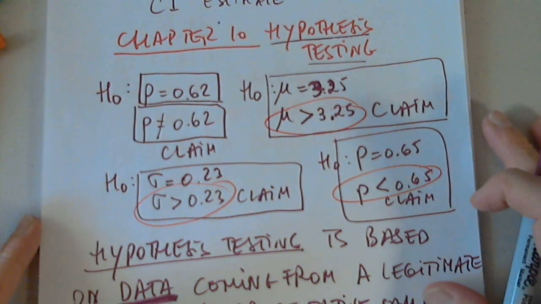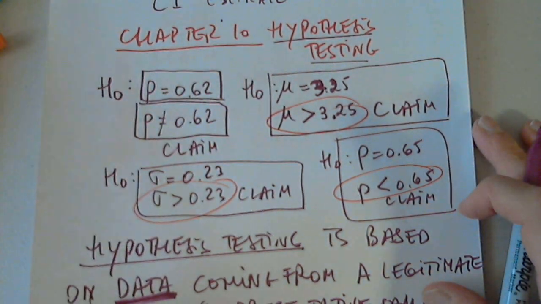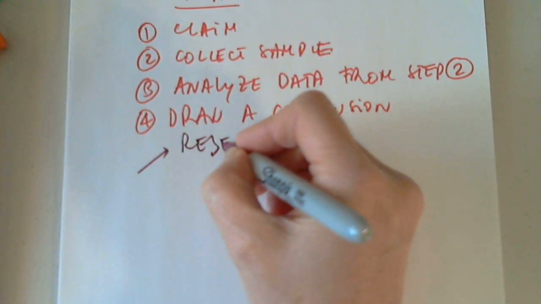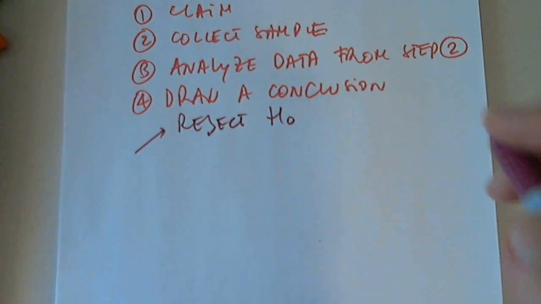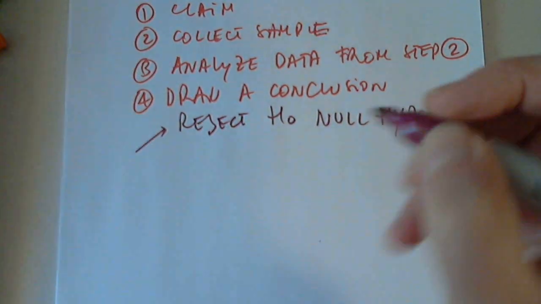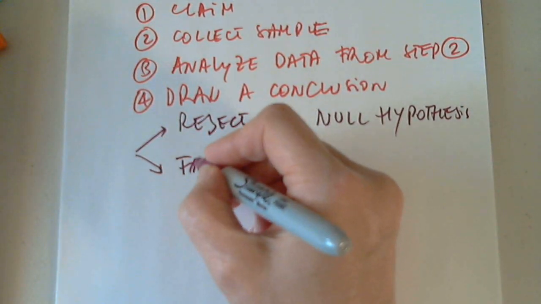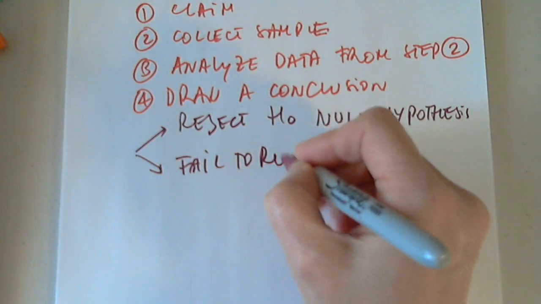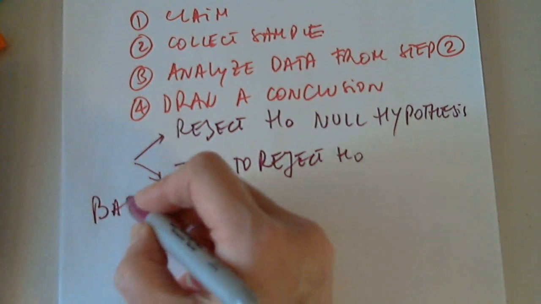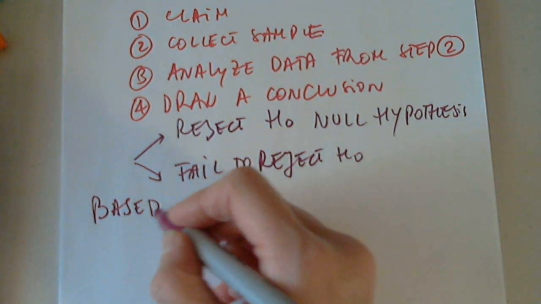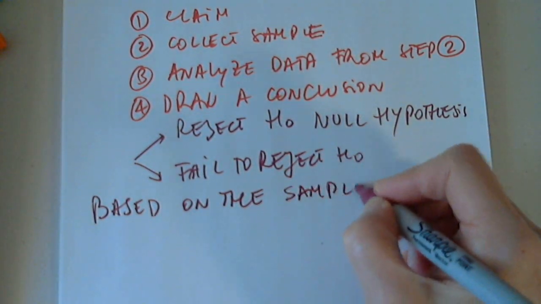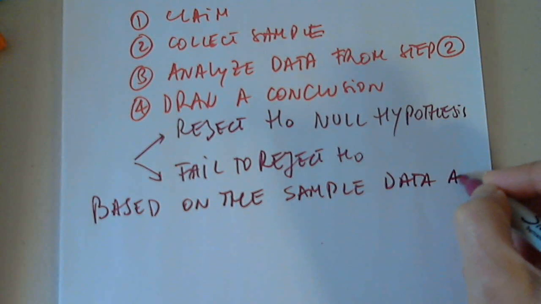H sub 0 is what is known from previous study. So we say reject the null hypothesis, or we fail to reject, based on the sample data at hand that we have.